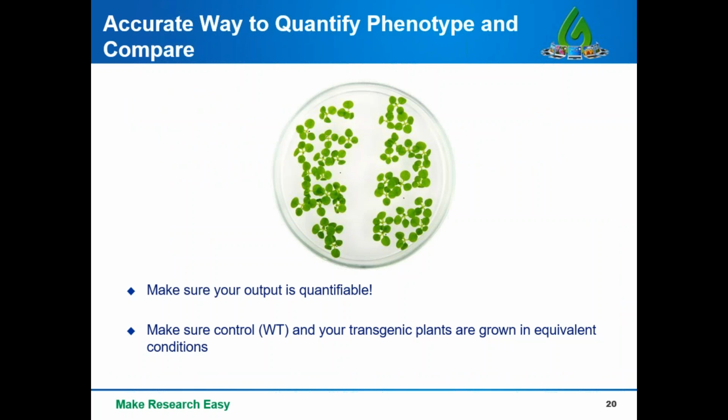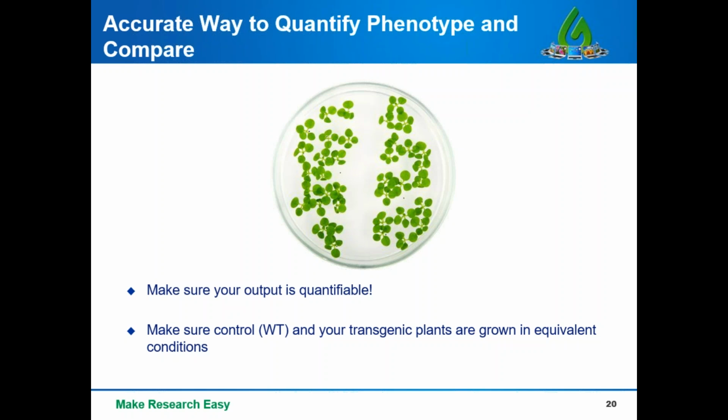And what I mean by quantifiable is, for example, here you see that these are seedlings grown on artificial media in light. Let's say I'm trying to quantify the root length.